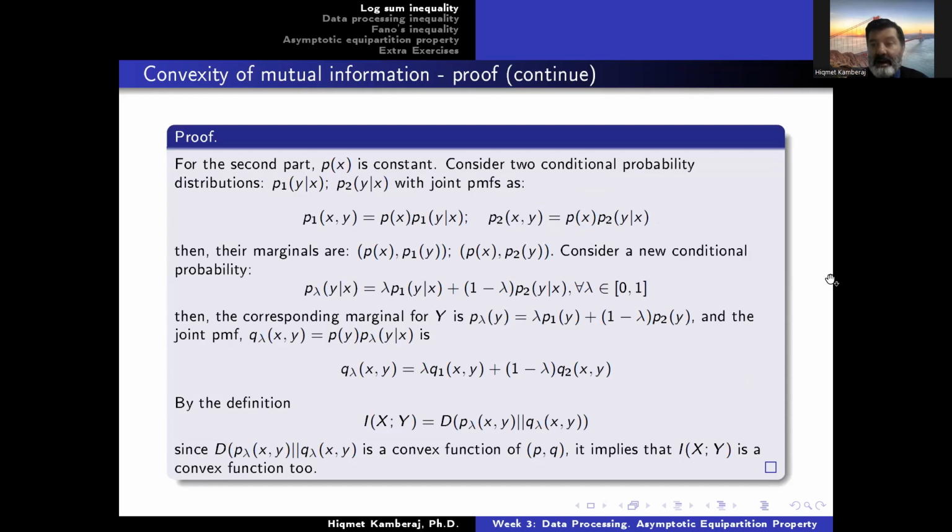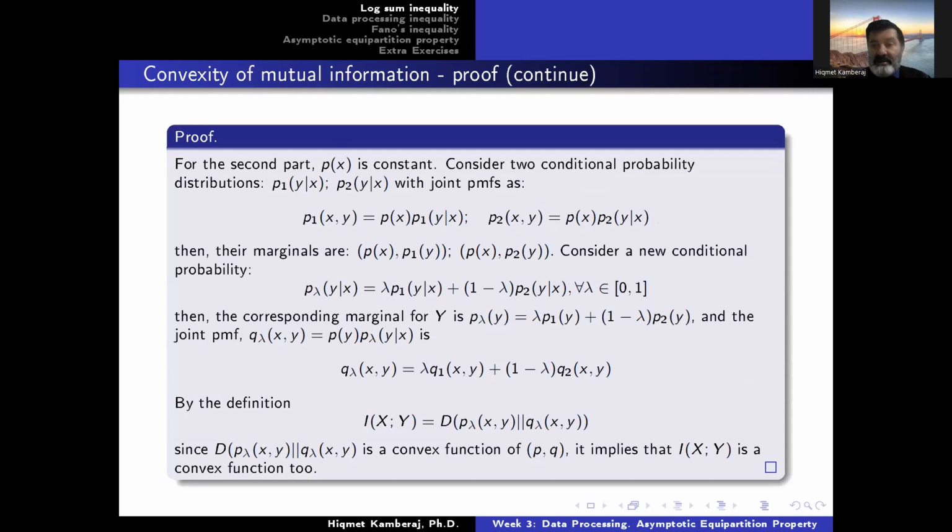Now for the second part of the theorem, we consider that P of x is a constant. We consider two conditional probability distributions, say P1 of y given x and P2 of y given x, with joint probability mass functions P1 of x and y equal to P of x times P1 of y given x, and P2 of x and y equal to P of x times P2 of y given x.